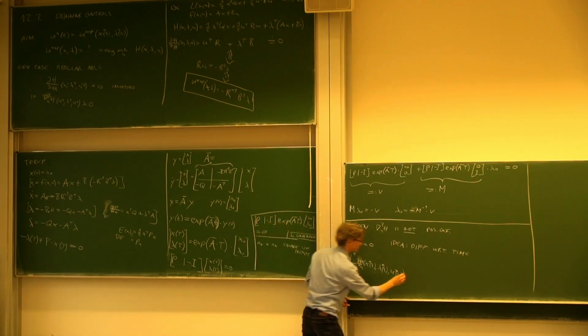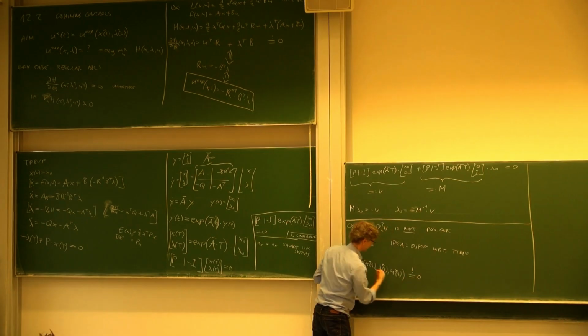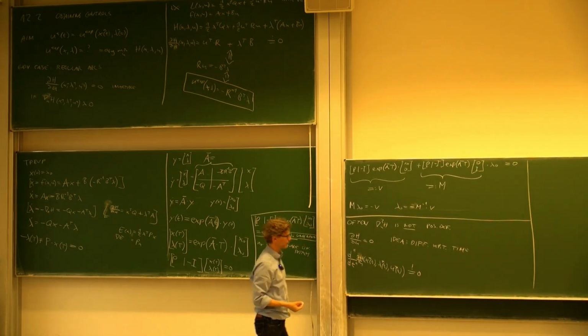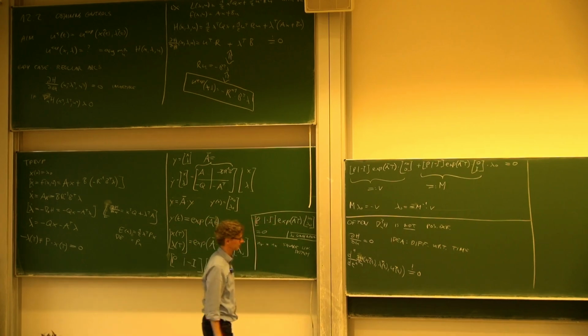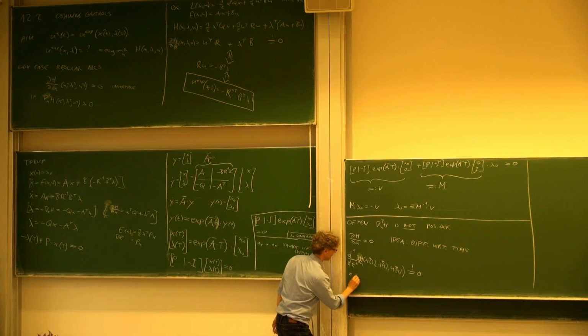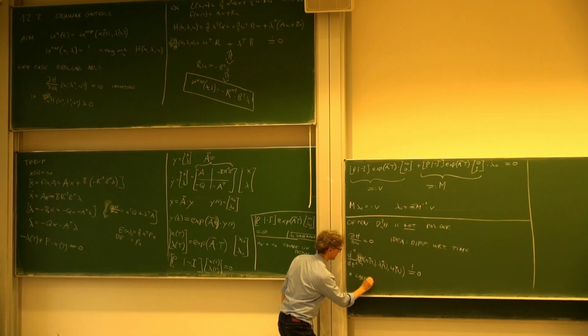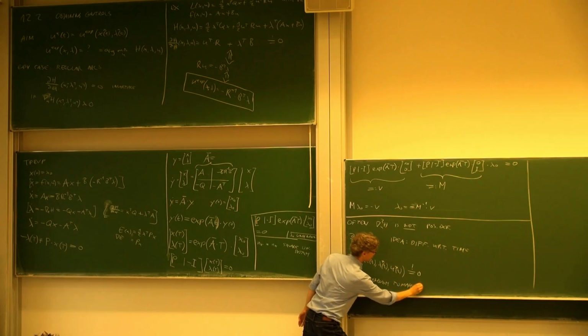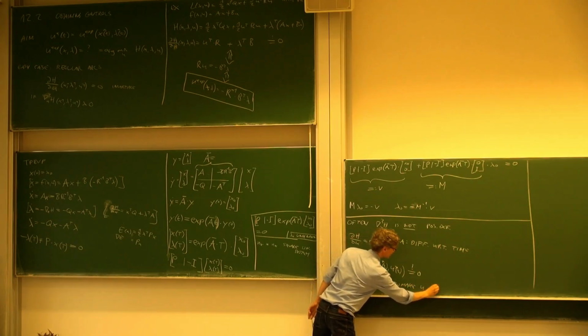So this should all be 0, and I just do it again and again, and at some point I hope that the u appears. So, n large enough to make u appear explicitly.